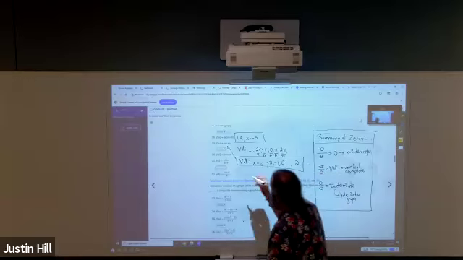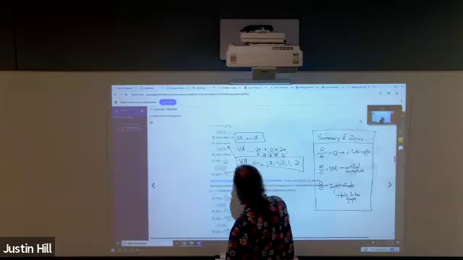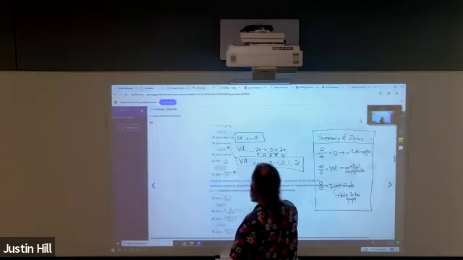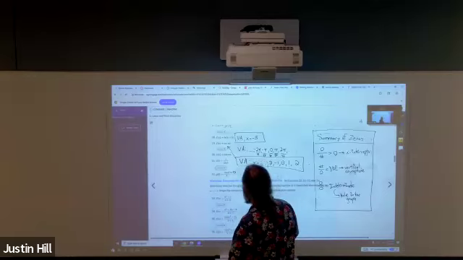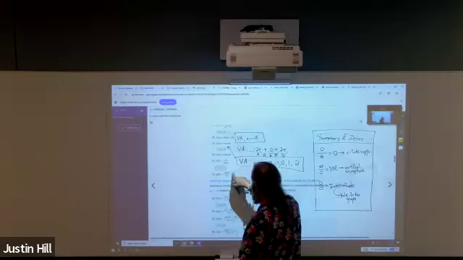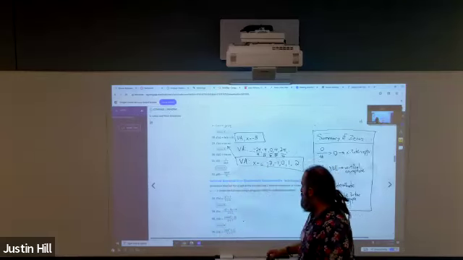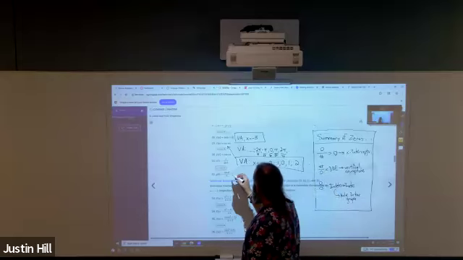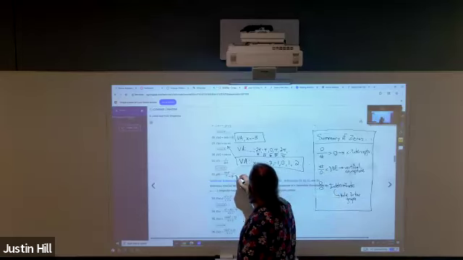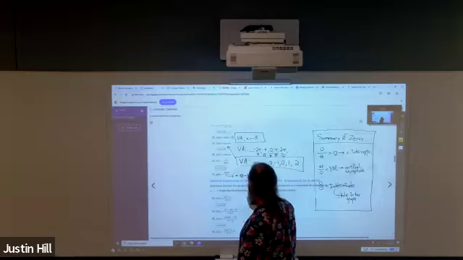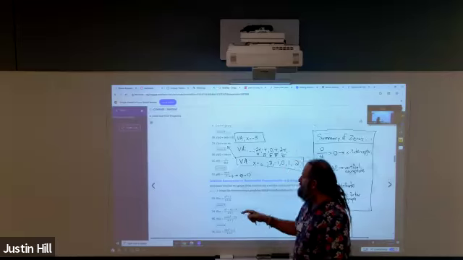We need to figure out what makes the tangent have a vertical asymptote, and what makes the bottom zero. Obviously for the bottom, theta equals zero is going to give us a vertical asymptote.